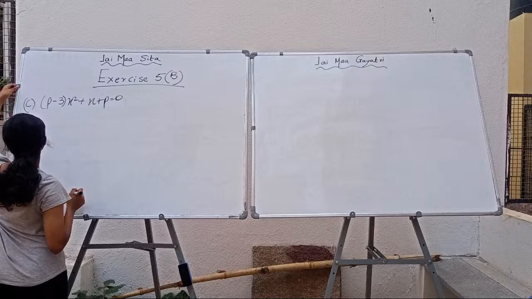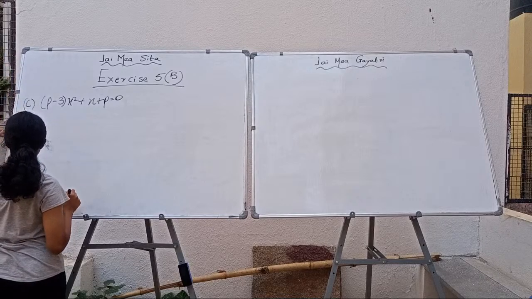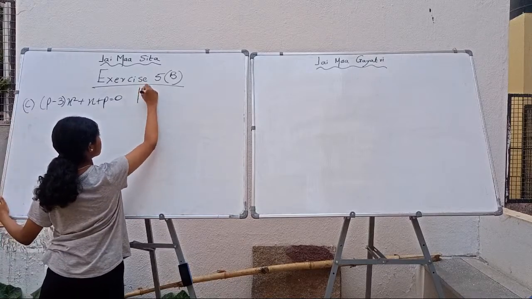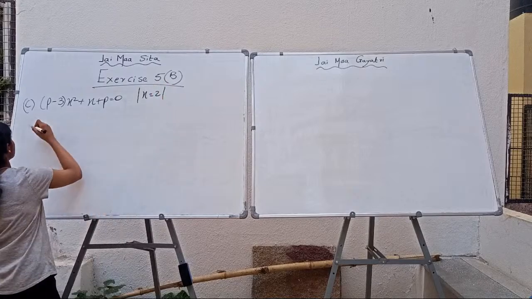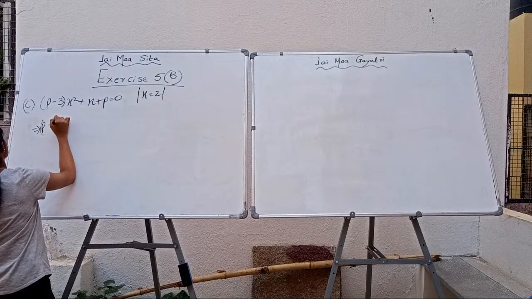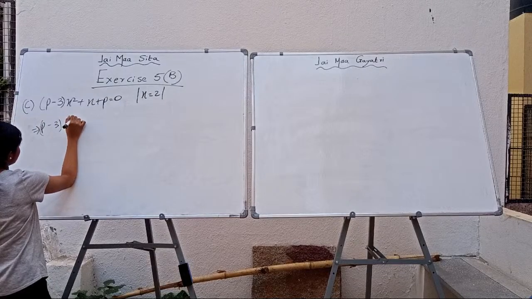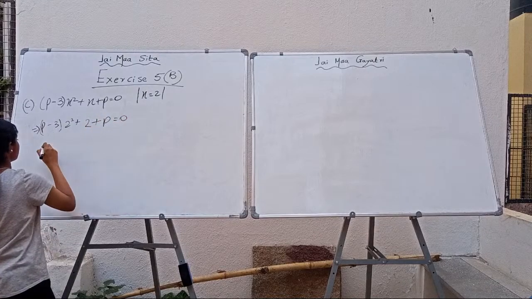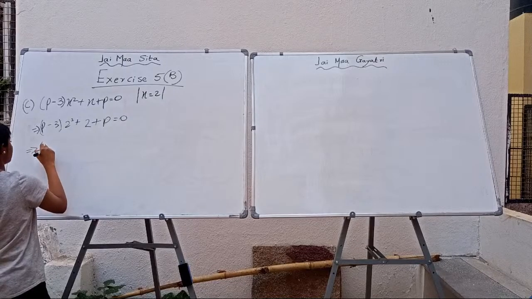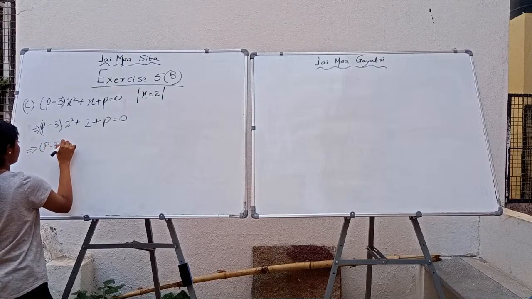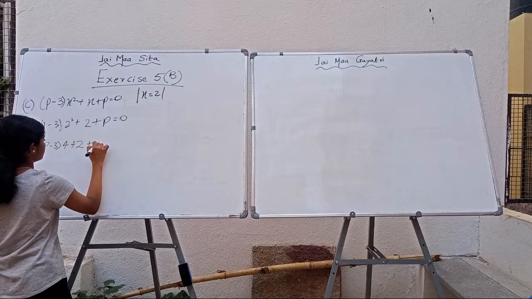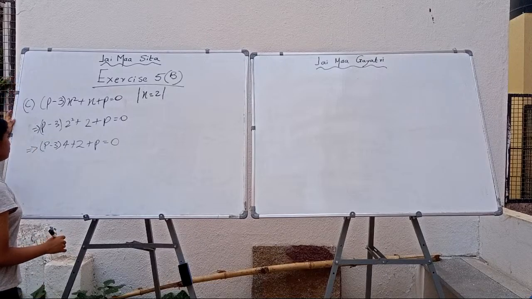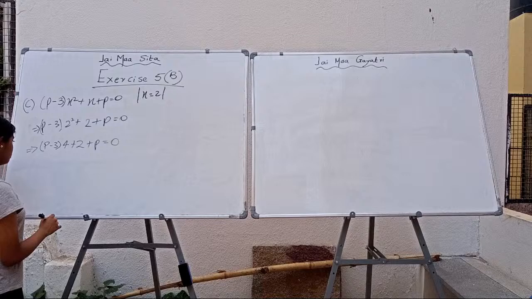So what is the value of p if one root of the equation is 2? So instead of x you put 2 everywhere, solve it, you'll get the value of p. Yeah, open the brackets, solve, get the value of p.